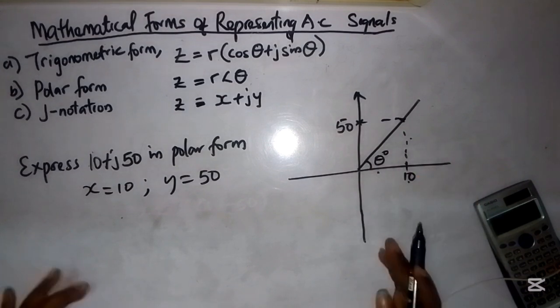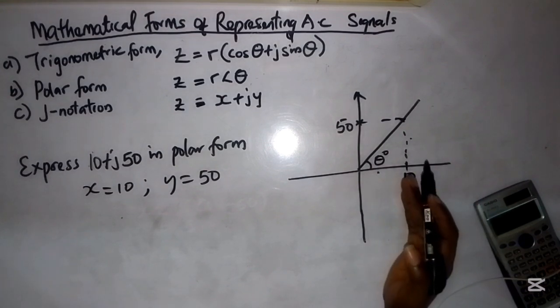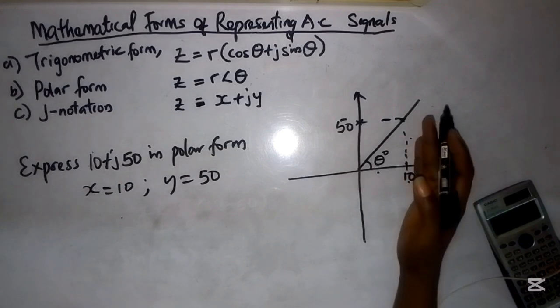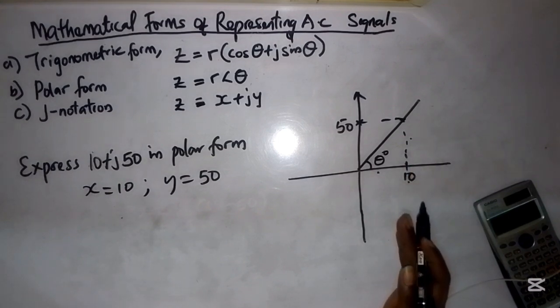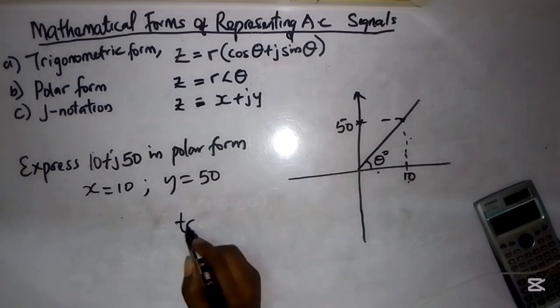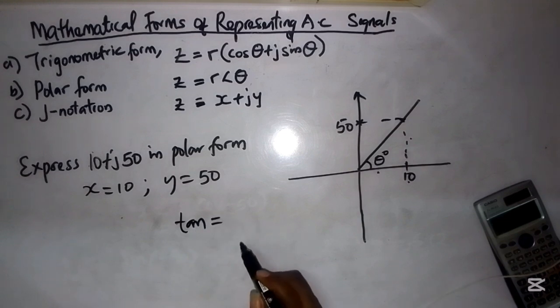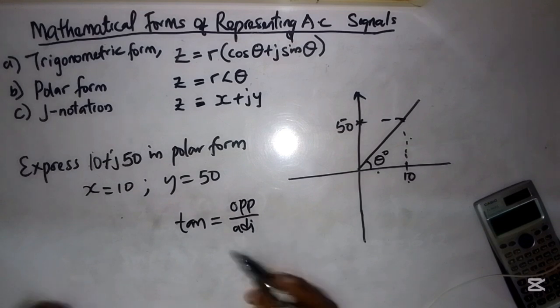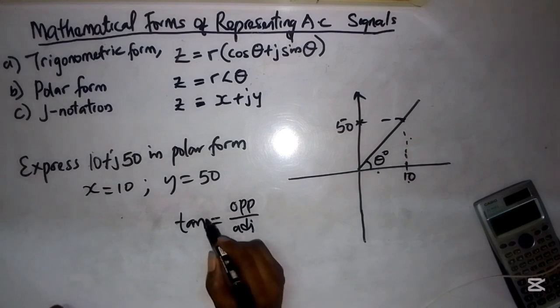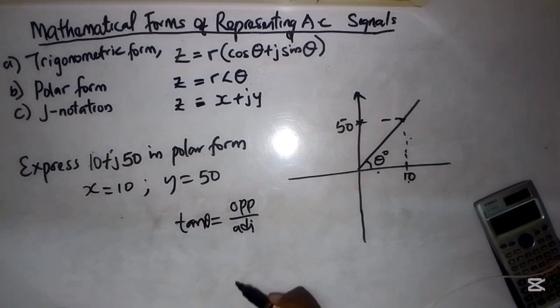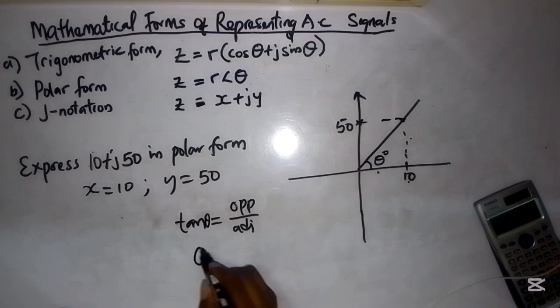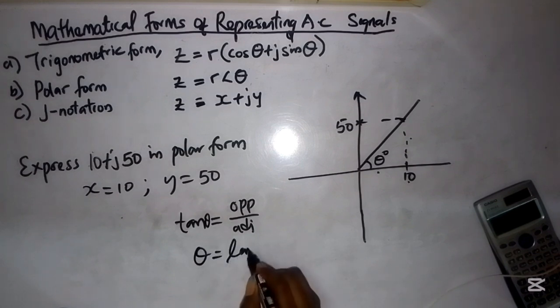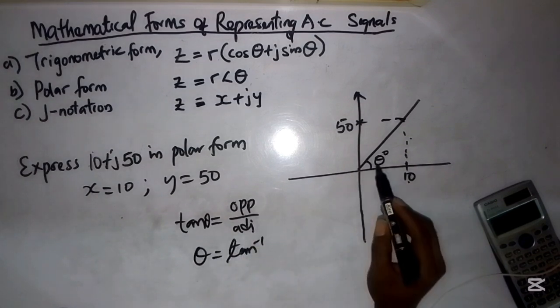Now, what is the relationship between opposite and adjacent? We can see that from tan. So from our tan, which is opposite over adjacent, we can get the value for our angle. So our angle can easily be gotten from the tan inverse of opposite. What is our opposite?